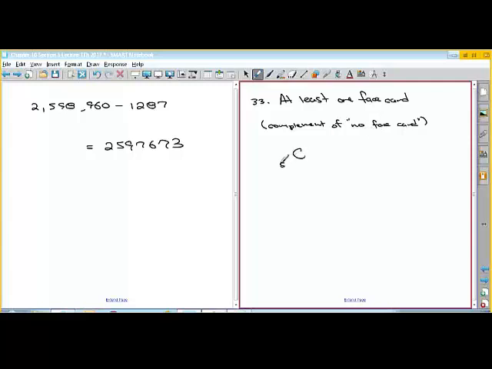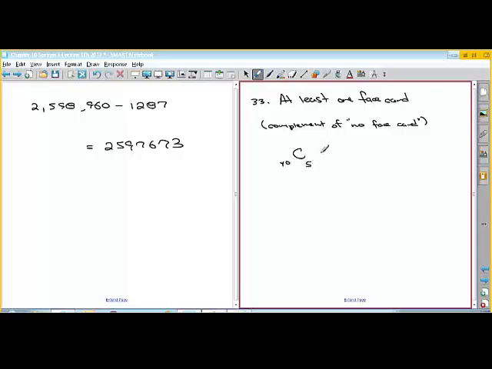Well, we have 52 cards, and how many cards are not face cards? 40. No, that is not correct. Got to be careful here. We've got 40 cards to choose from that are not face cards. We're going to take 5 at a time.